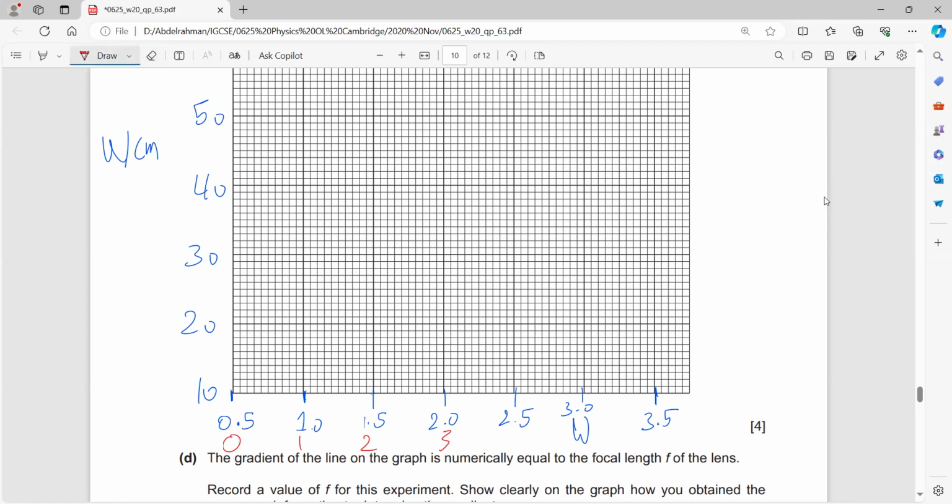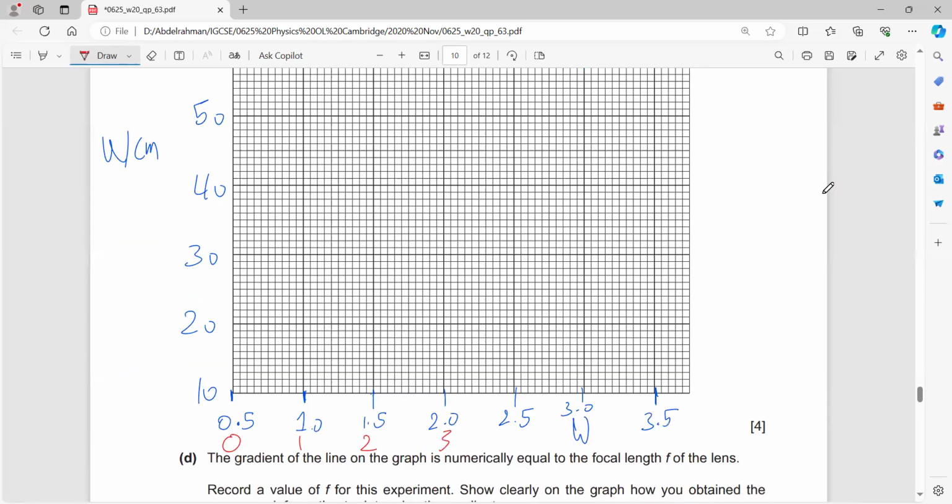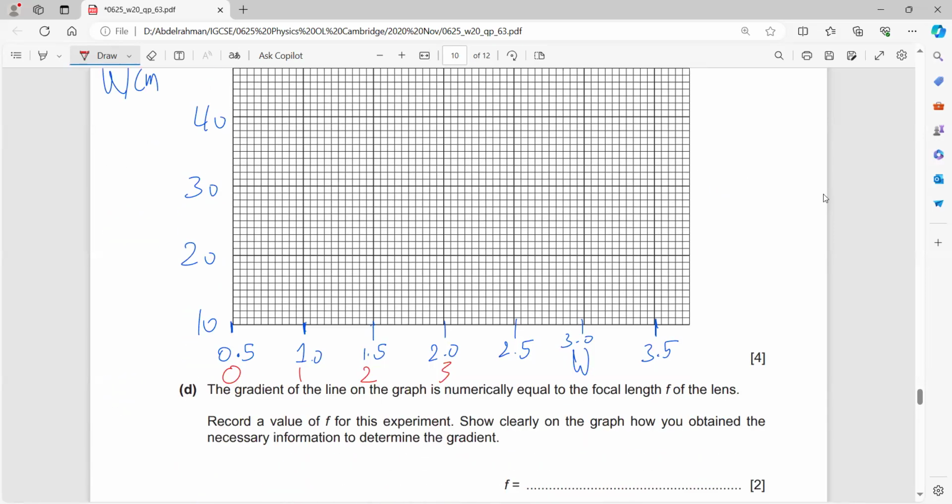Let's plot the points. It was 20 and 0.54, 30 and 1.3.